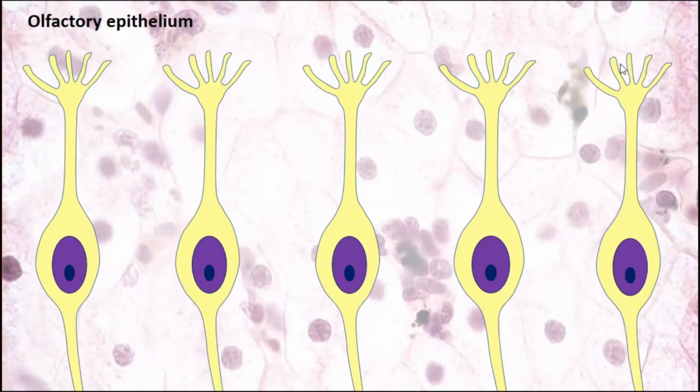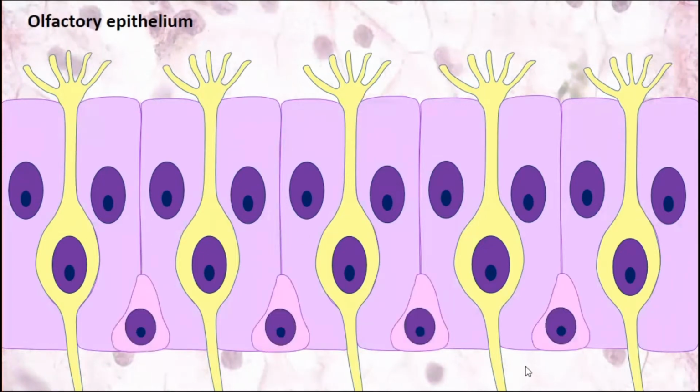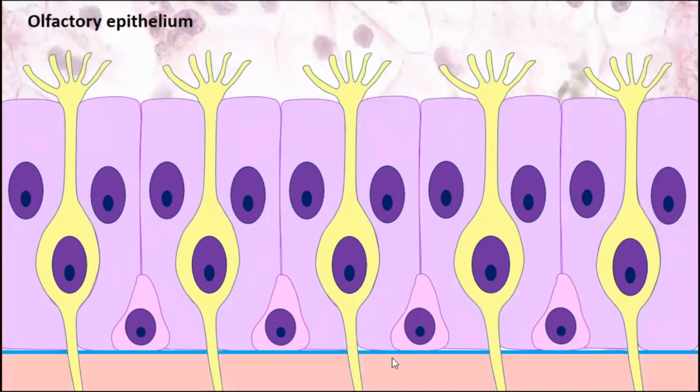So those cilia receive information, conduct this information to the olfactory cells, and they conduct this information to CNS. Between olfactory cells, we have supporting cells or maintaining cells, and also we have basal cells here. They provide regeneration. And under the olfactory epithelium, we have basement membrane and lamina propria.